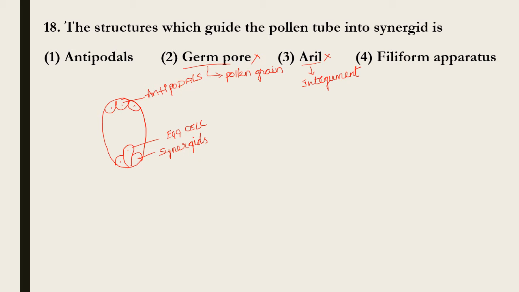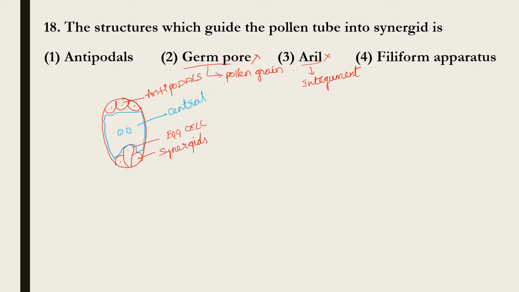Now at the center we have one more part, a large cell. This is the central cell and it consists of two nuclei, that is, polar nuclei.